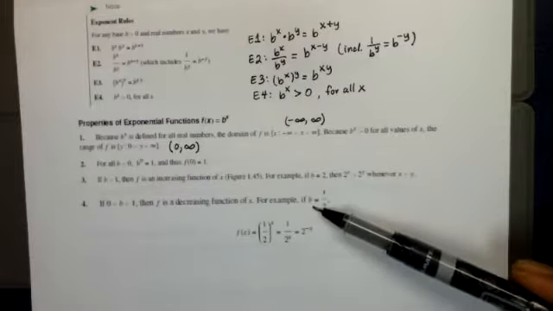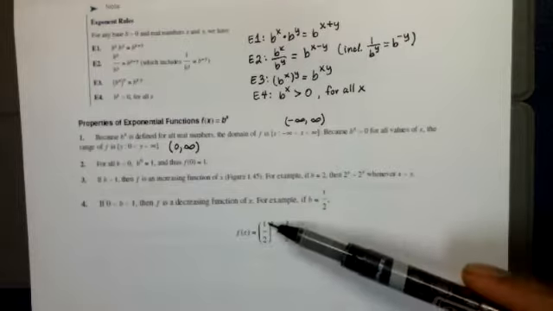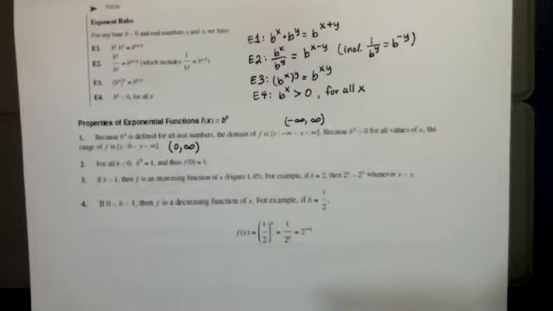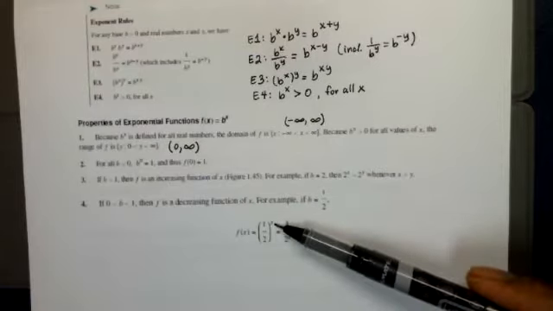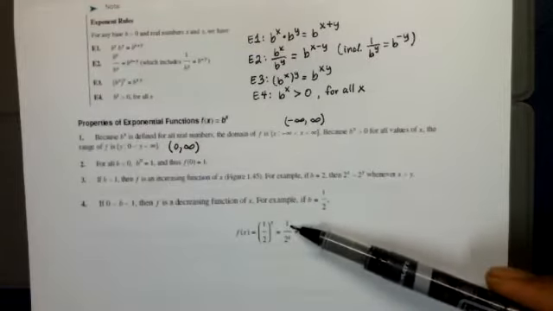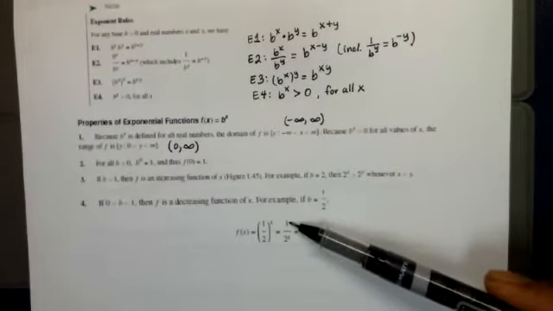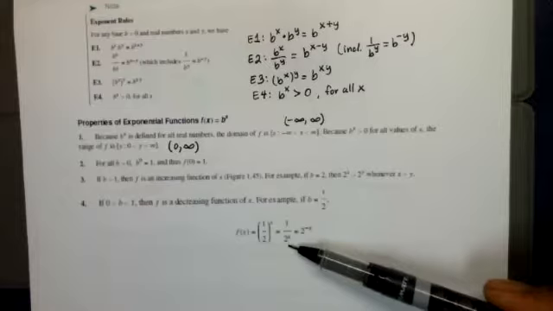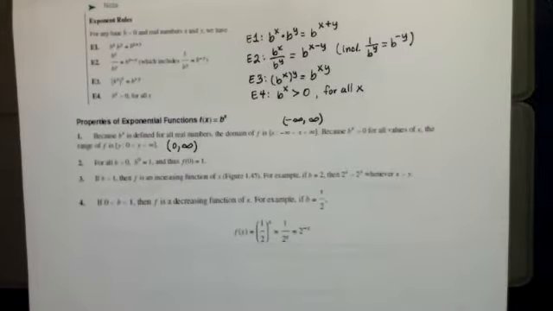For example, if b is 1/2, then f of x will be 1/2 raised to the x. If you simplify that, 1 to the power of x is always 1, and 2 to the power of x is 2 to the x, so you're going to have 1 over 2 to the x. If you write that as a negative exponent, it would be 2 to the negative x power.